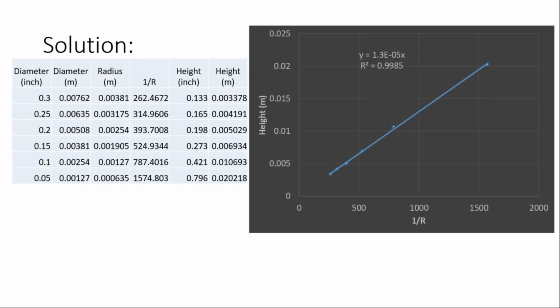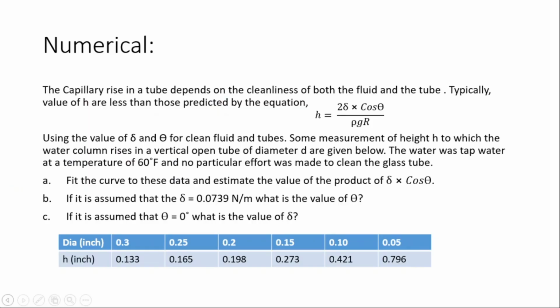So what do we have to do in the first case? In the first case, we have to fit the curve of these data and estimate the value of the product of surface tension and cos theta. They have given us the value of g as 9.81, and the value of density as 998.